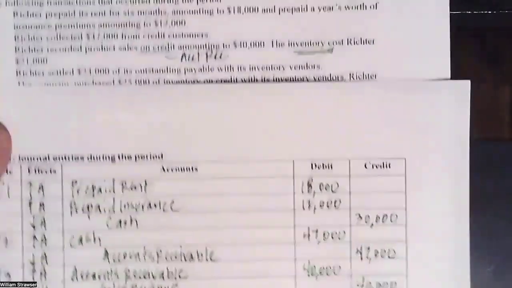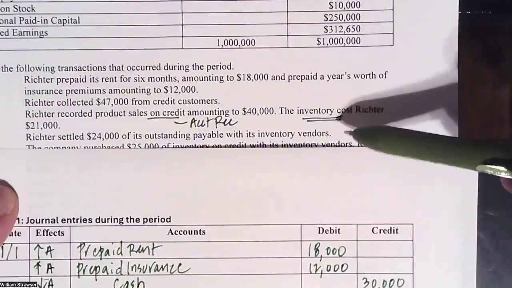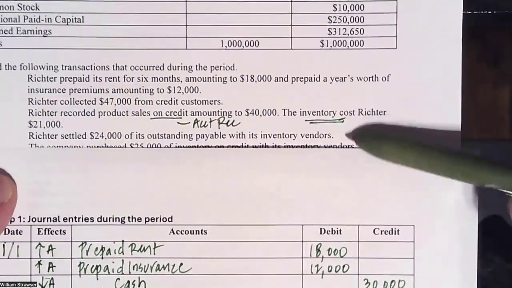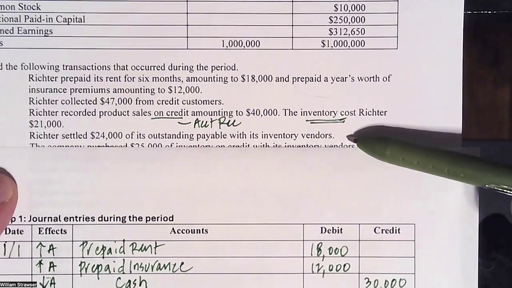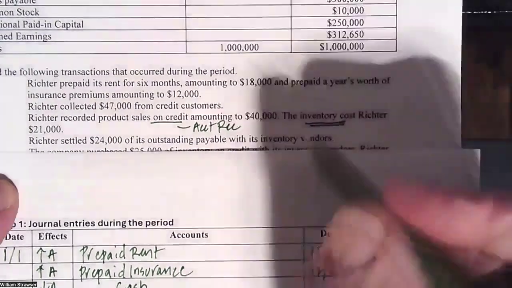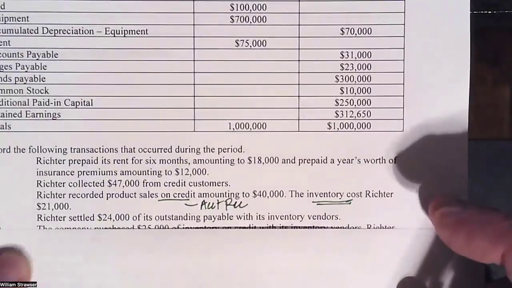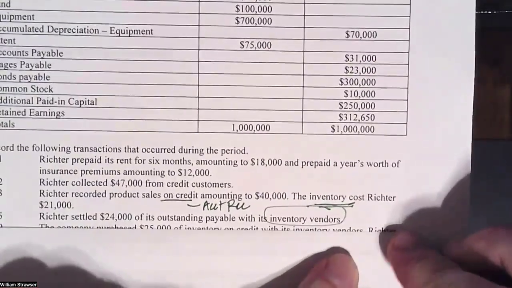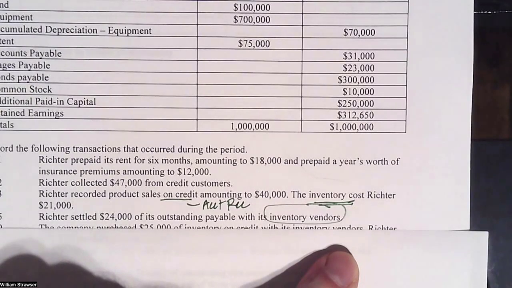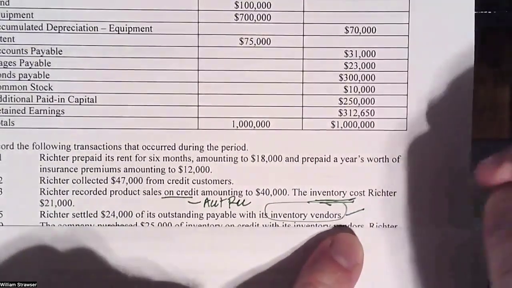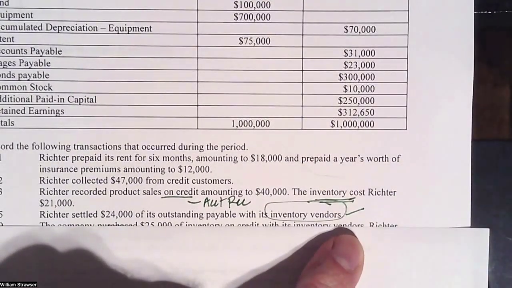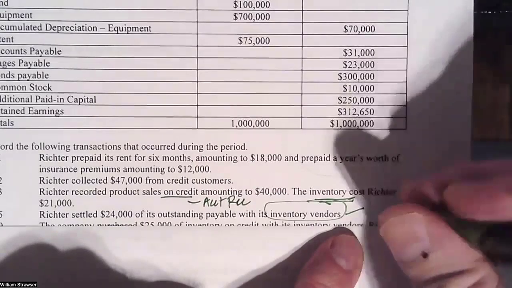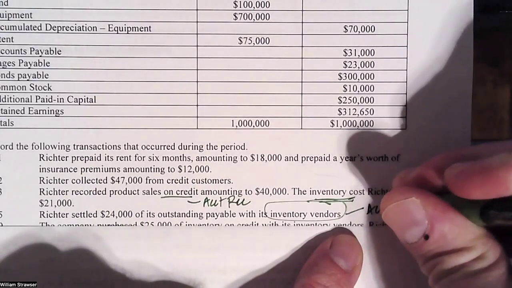All right, so on 1.5, it says that Richter settled $24,000 of its outstanding payable with its inventory vendors. When we have inventory vendors that sell to us on credit, right? That means they're delivering inventory without collecting cash payments from us for the inventory they're giving my company. This goes into accounts payable.